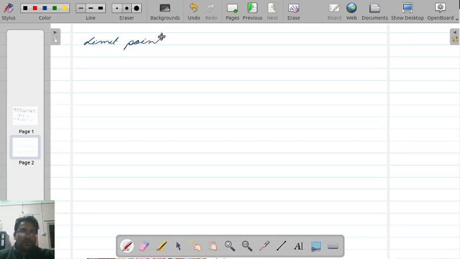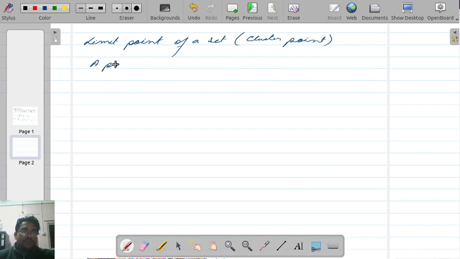Limit point of a set. Another name for a limit point is cluster point or accumulation point, but usually it's called a limit point.